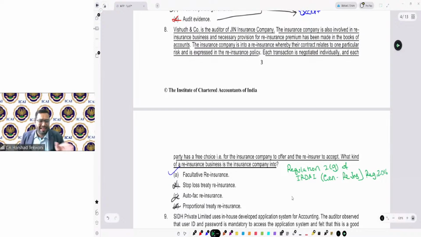So basically it's a definition one, and that will be the answer. Why? Because it's a definition, the definition of facultative reinsurance, which is given in the regulation itself. Any doubt? Okay, let's proceed further if no doubt.